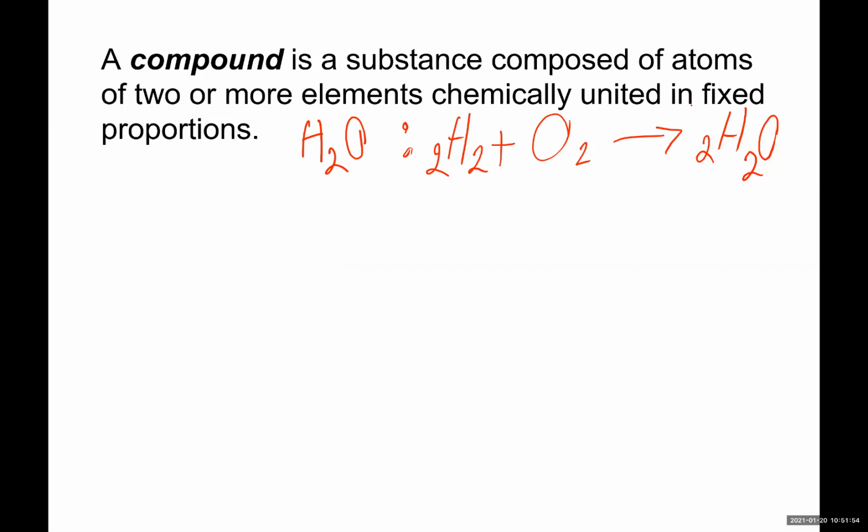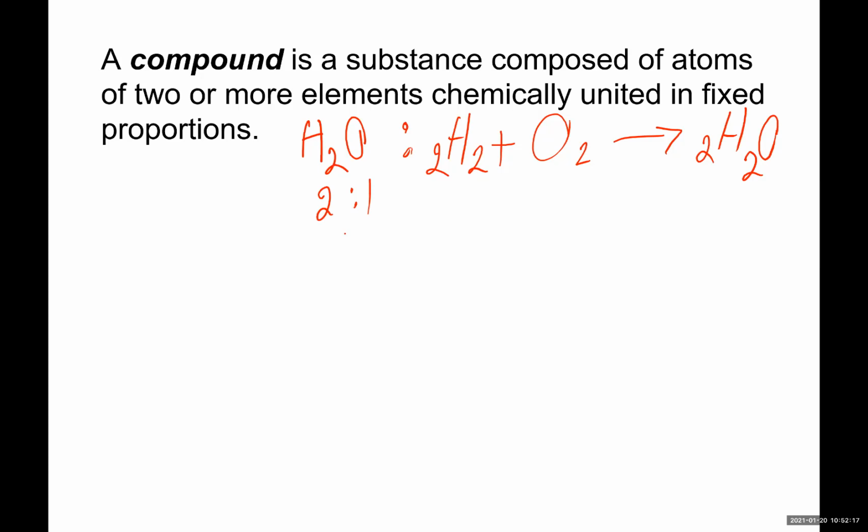And do you see the ratio between hydrogen and oxygen? Do you notice that the ratio is 2 to 1? So in compounds, there is a fixed ratio between the number of atoms.